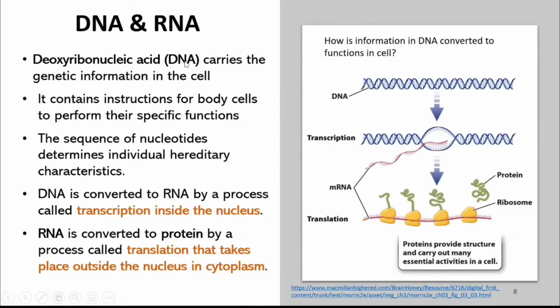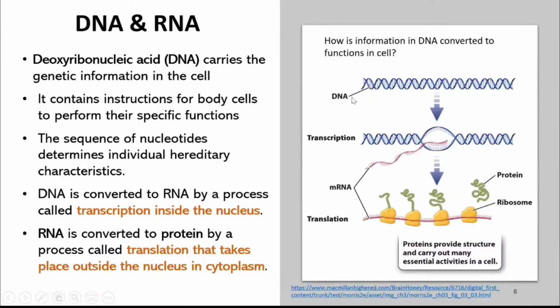So DNA and RNA. DNA carries the genetic information in the cell, like we just studied. It contains instructions for body cells to perform specific functions, and the sequence of nucleotides determines the individual's hereditary characteristics. So you know some of these things already. Now let's come to the part where you are actually doing some thinking.